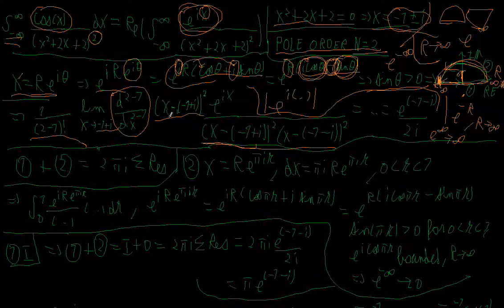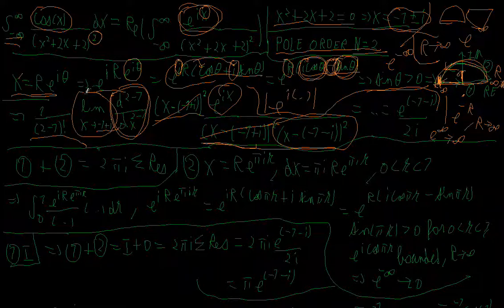Okay. So now I can cross out this x minus (minus 1 plus i) and this one here, and so I'm only left with this part here and this part here. So this (x minus (minus 1 minus i)) squared, and so I can take the derivative of it, and then plug in my limit as x approaches minus 1 plus i, and then I can divide through by 1 factorial, so 1, so we don't really care about it, but still.